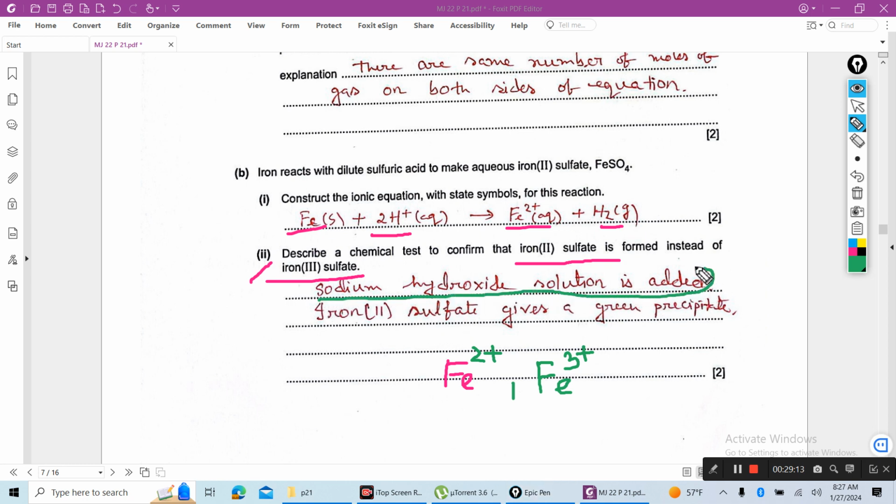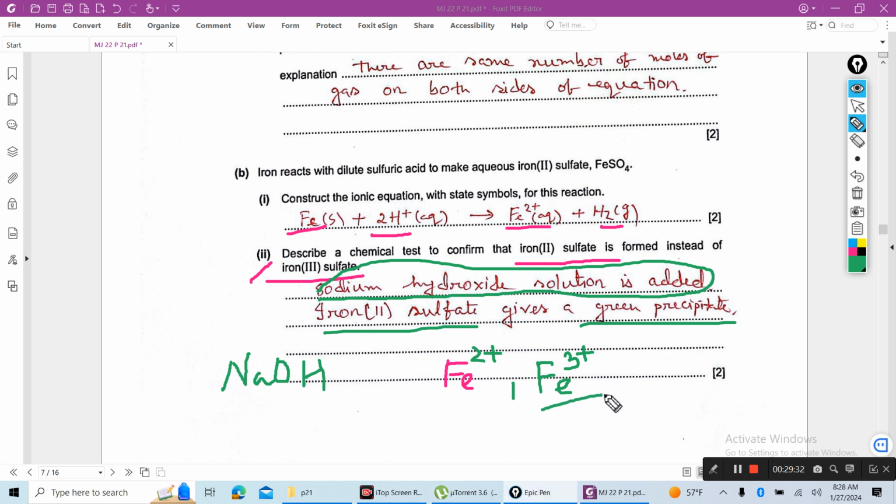Sodium hydroxide solution is added. Iron 2 sulfate gives a green precipitate, so you can confirm that iron 2 sulfate is formed. If iron 3 ion is present, a red-brown precipitate will be formed.